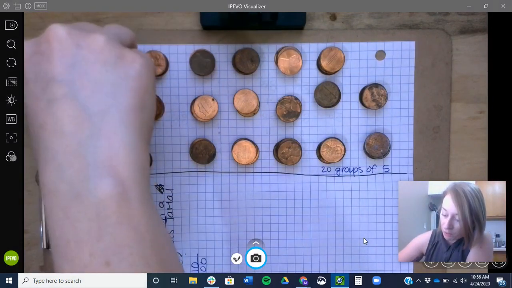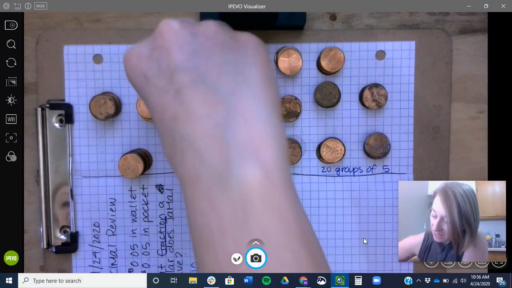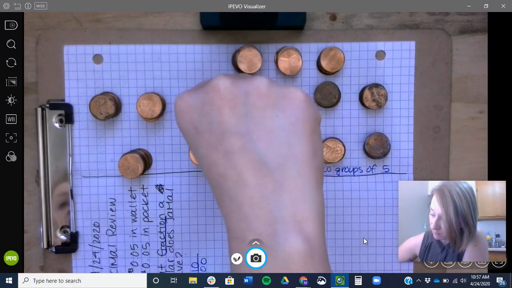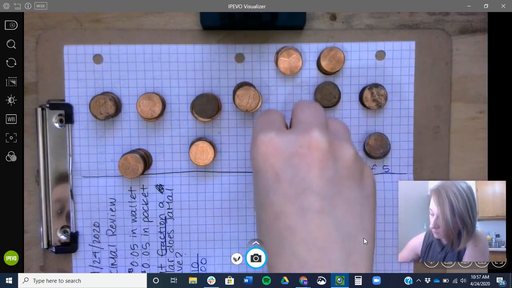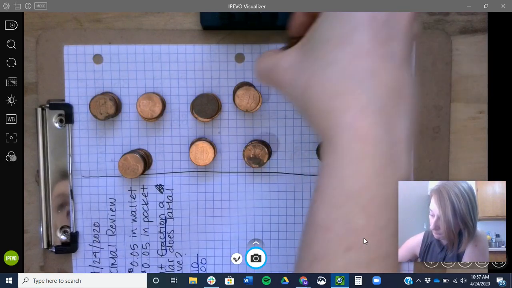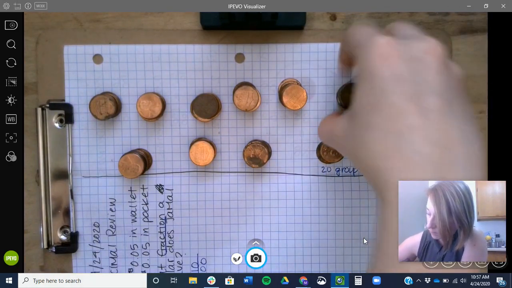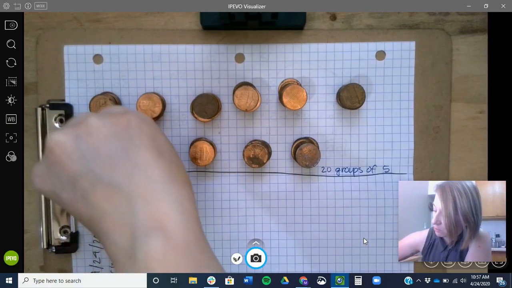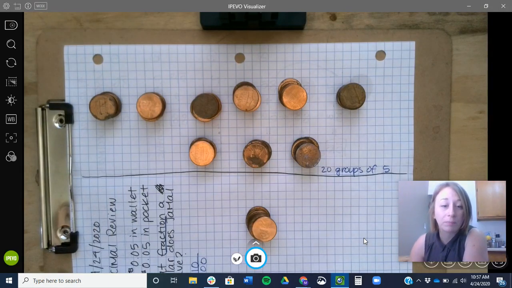So if I put all of the pennies into equal size groups, and these are in groups of 10, we can then represent the amount of money that Jamal has now in groups of 10.